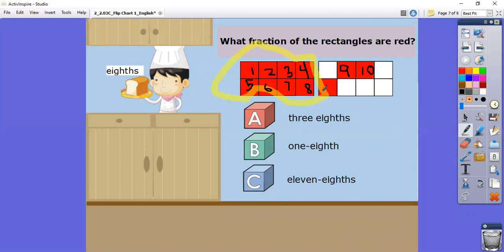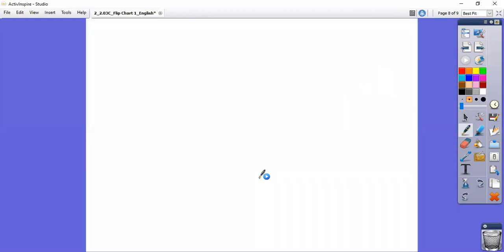Oh, wait. I noticed one without a number. This means I have 11. I have 11 eighths that are colored in. 11 eighths. Very good, boys and girls.